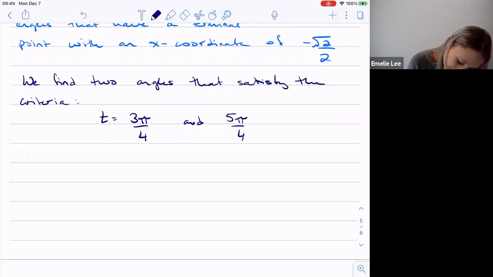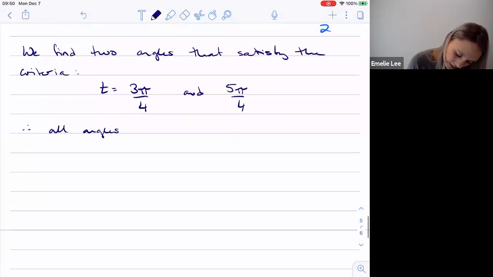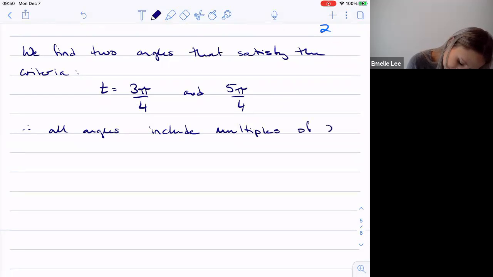Okay. So therefore, all angles include multiples of 2 pi from these angles.